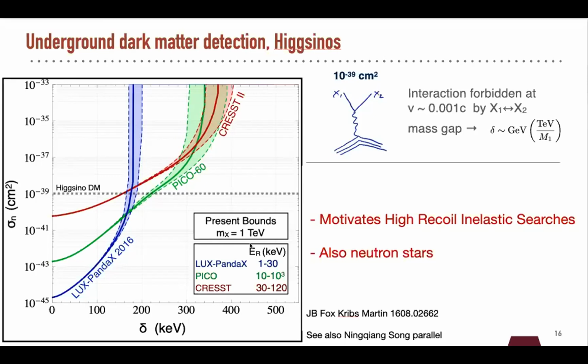Now that's been extended a little farther. And recently I had some colleagues working on that. So you can see Ningyang Song's parallel talk if you want more information about that. So I'm also going to tell you a little bit later about neutron star searches for Higgsino dark matter. So we'll move on to different sorts of dark matter for the moment, but don't lose sight of the Higgsinos.